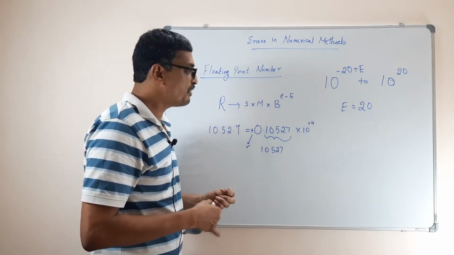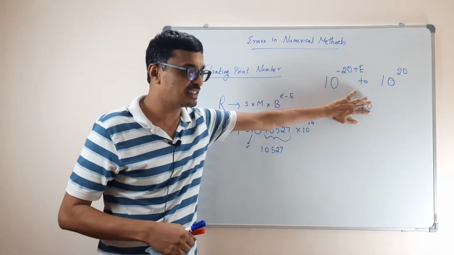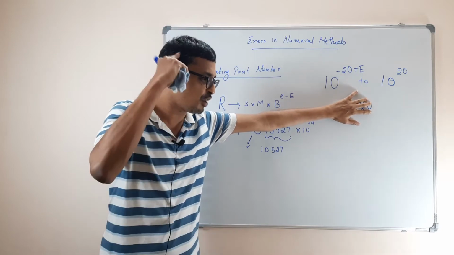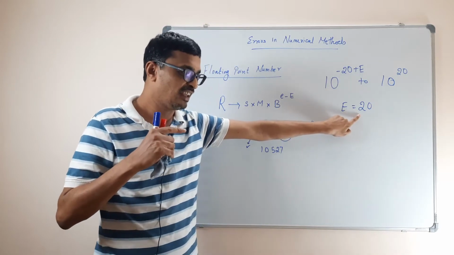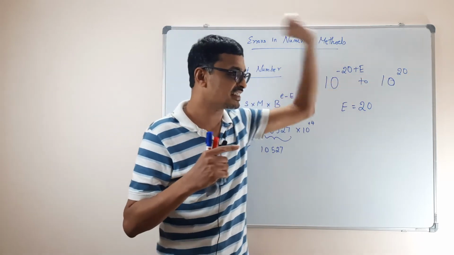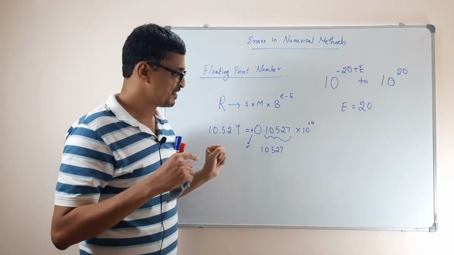All I have to remember is the bias I am using. So in all my calculations I keep in the back of my mind that I am using a bias of 20. I am using this bias just because I wanted to avoid having a sign bit in my exponent.